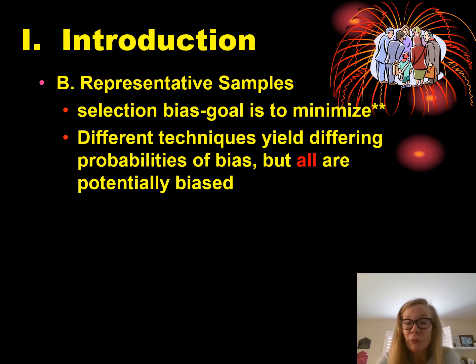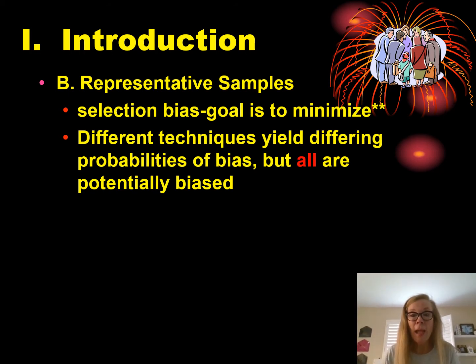Now, the different techniques that we're going to be talking about yield different probabilities of bias. So some of these procedures are more biased than others, and that means they cause you to be systematically selecting people for your sample to an extent that they're going to differ in some ways from your target population. So think about that.